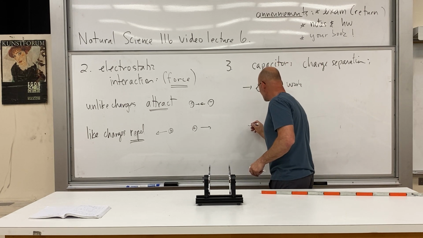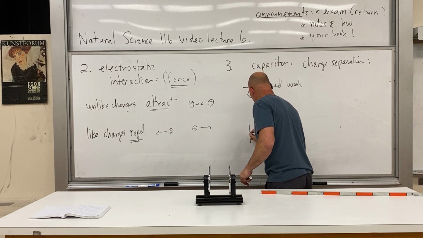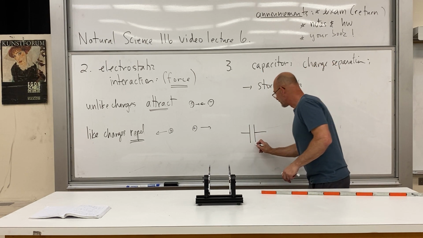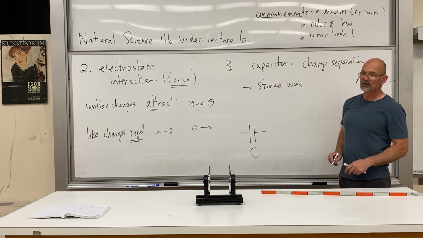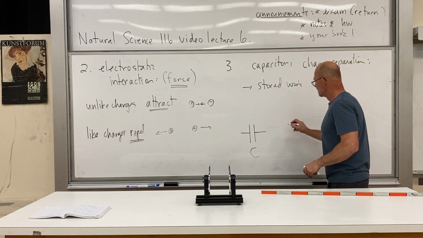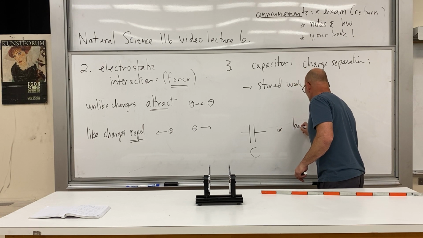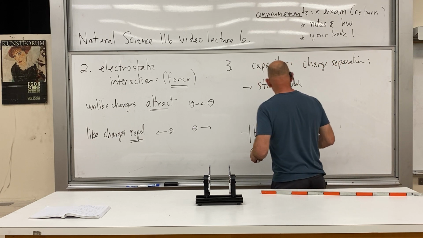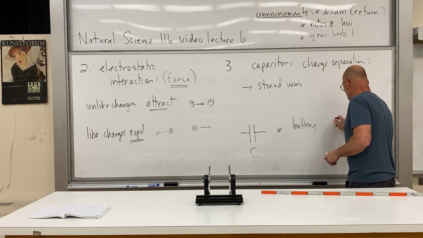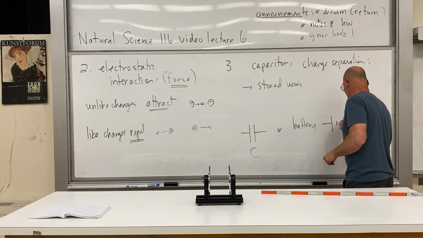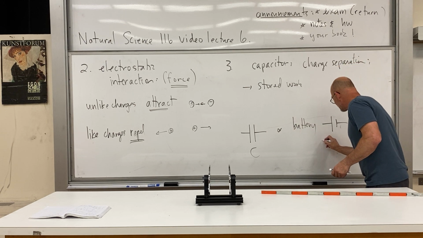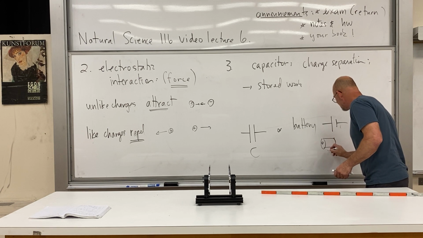So I have this capacitor here, and the symbol for it is just these two plates with wires coming out the side. Capacitor, and the point is it has stored work. Or we could have a battery. I'm not even going to try to draw that capacitor, but a battery I can draw, right? First of all, the symbol for a battery is that we have a longer and a shorter plate instead of equal lengths. But everybody has seen, say, a D cell.